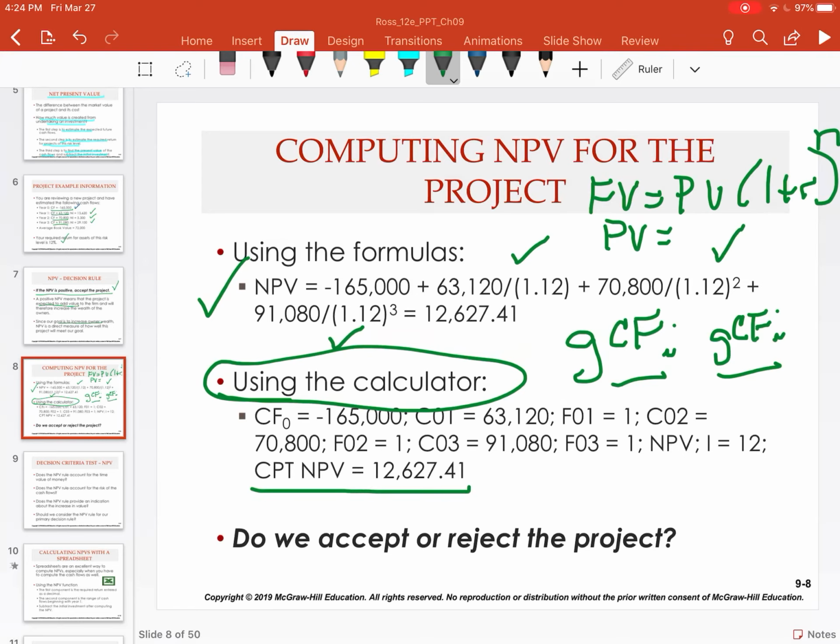So again, usually you would enter 165,000.